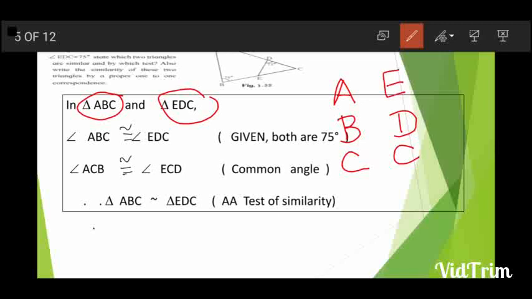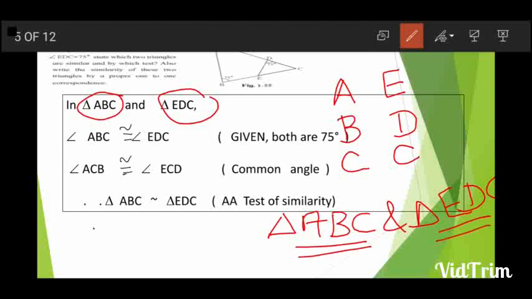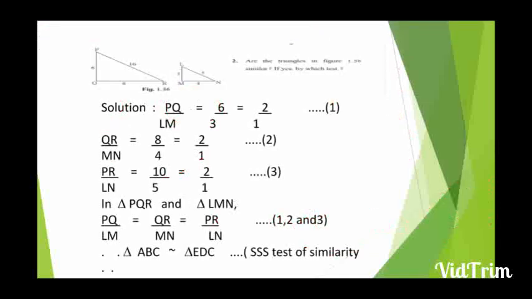So the order should be triangle ABC and triangle EDC. If this order is changed, then the sum will go wrong because we won't be able to write the proportional sides. So be very careful while writing the names of the triangles. So here, we can write that the two triangles are similar by the AA test of similarity. Now let's go to the next sum.